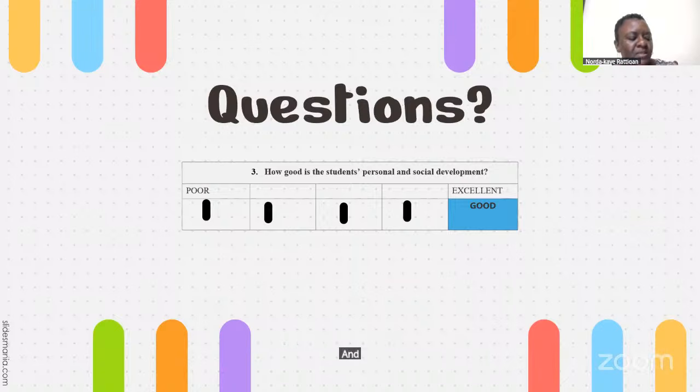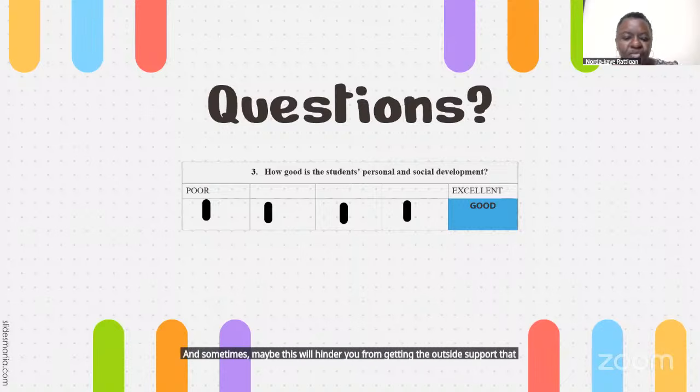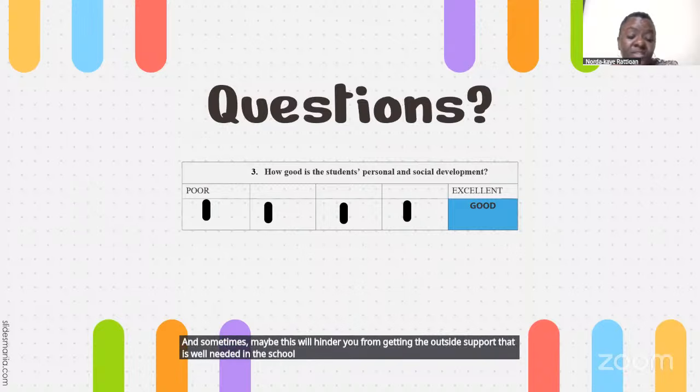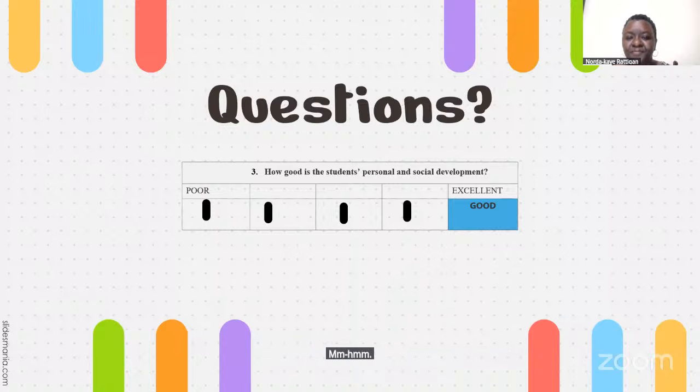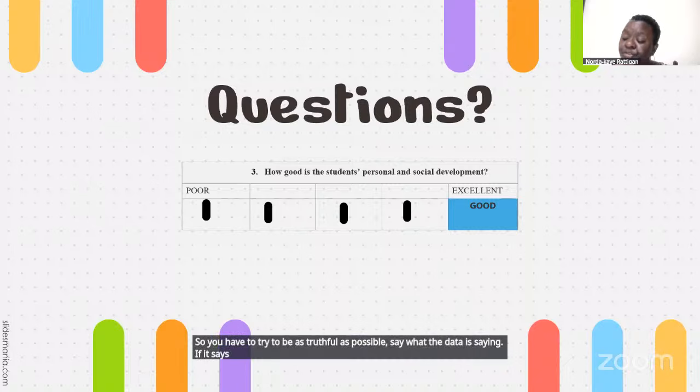Sometimes this will hinder you from getting the outside support that is needed in the school, because you say that everything is nice and dandy, you'll be overlooked. So be as truthful as possible. Say what the data is saying. If it says that the children are operating at the unsatisfactory level, say it.